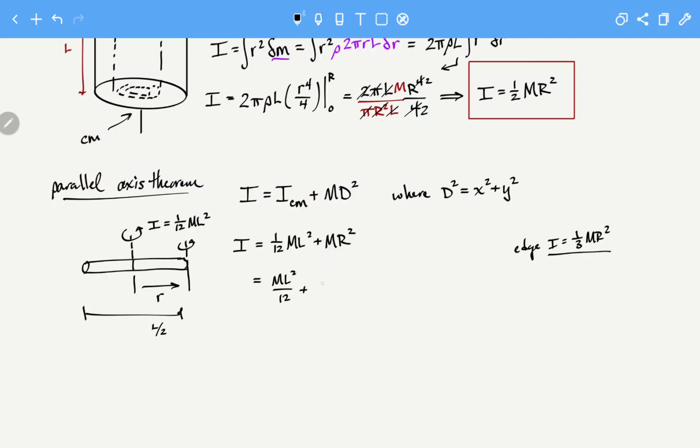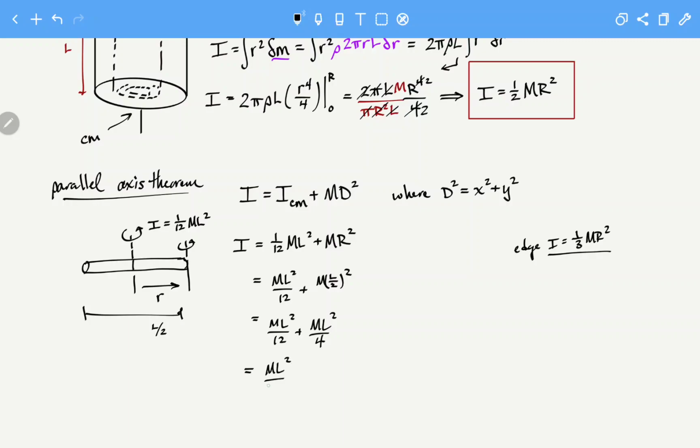So then we're going to have m times L over 2 quantity squared, which is then ml squared over 12 plus ml squared over 4. And so we want to combine these terms.